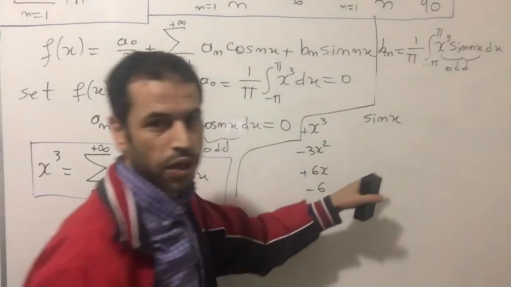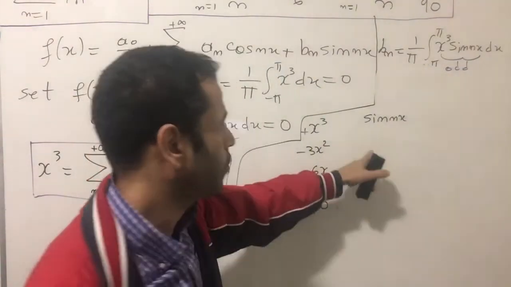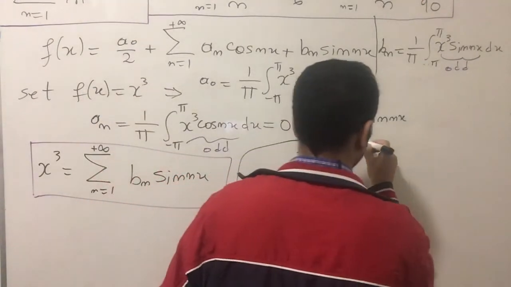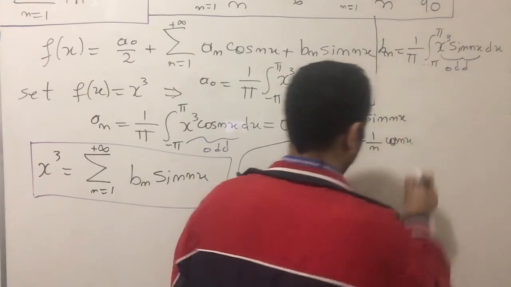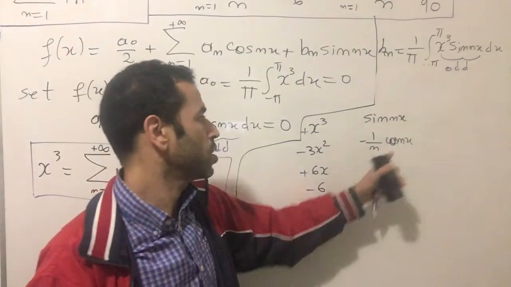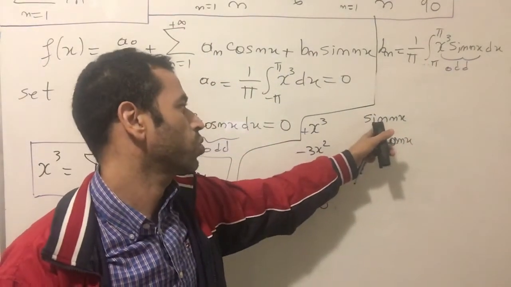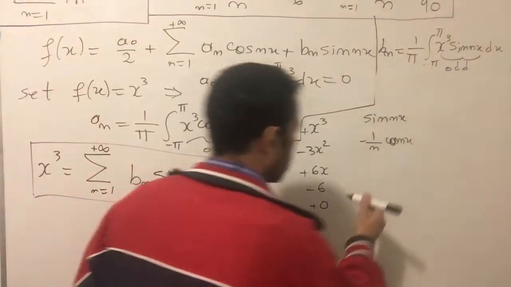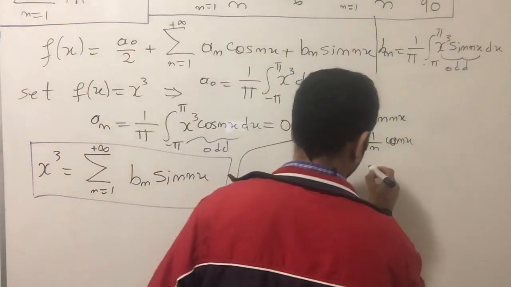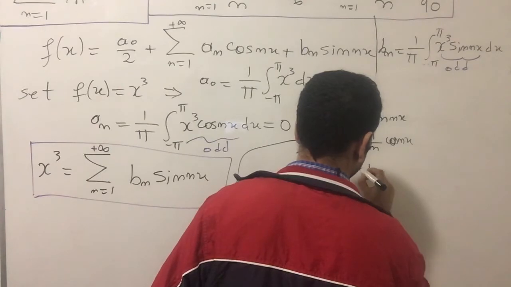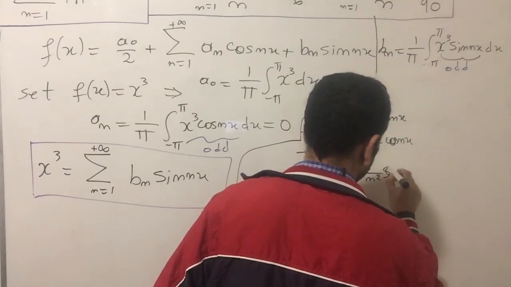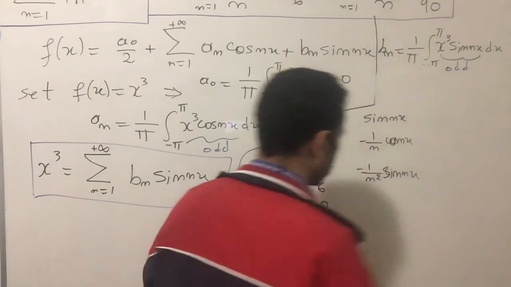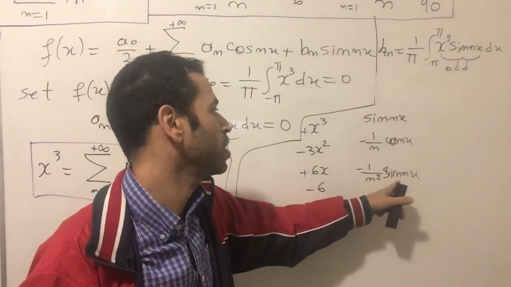For the sine, if you integrate sine nx, it gives you minus 1 over n cosine nx, because if you differentiate this one, it takes you back to the original, which is sine nx. If you integrate this one, it gives you minus 1 over n squared sine nx, because if you differentiate this one, it takes you back to this one.